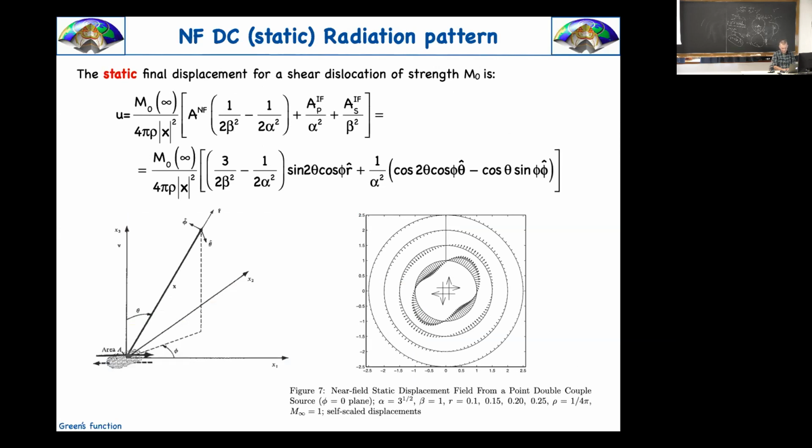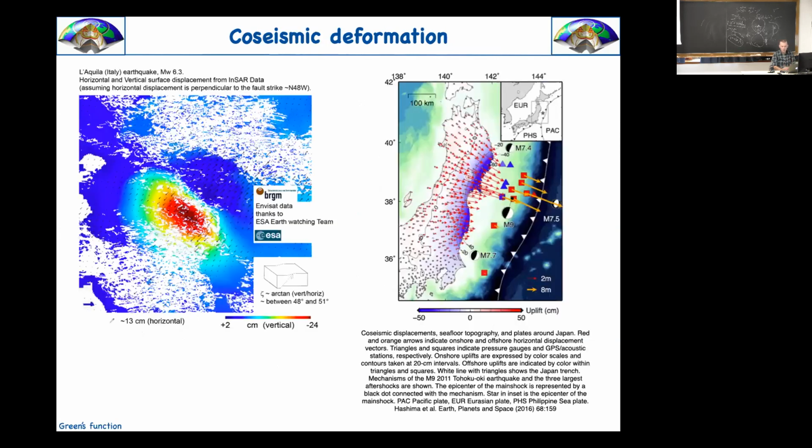On the left, and you're going to discuss this with Alessandra, you have a displacement left on the ground by the L'Aquila event. Okay, the magnitude was 6.3. And you see these patterns found by InSAR, these are fringe patterns, interference patterns.